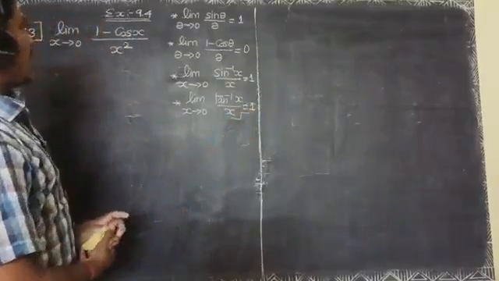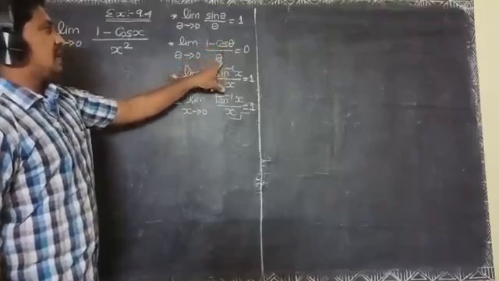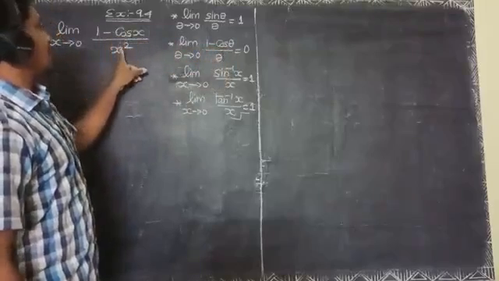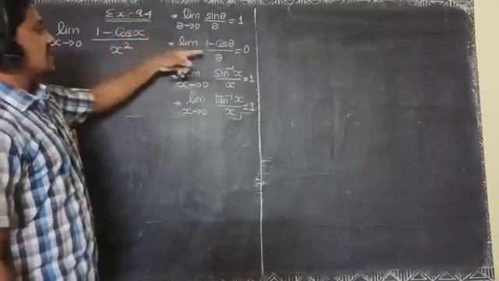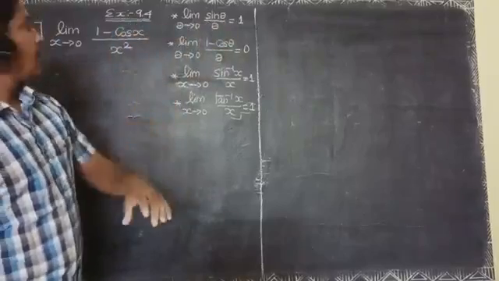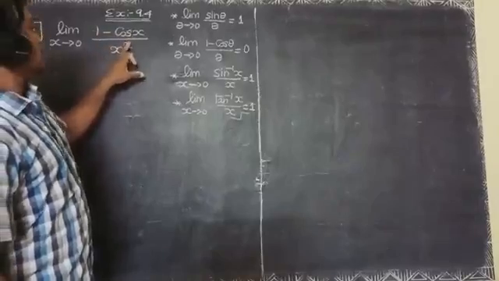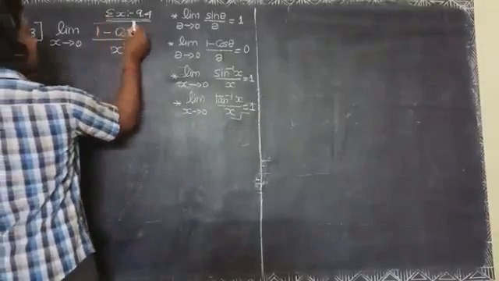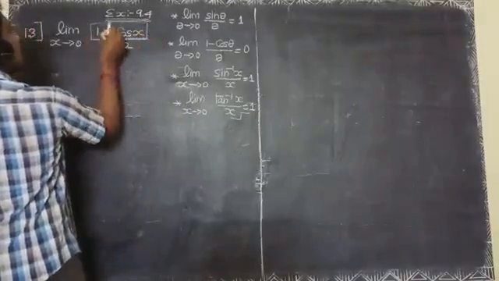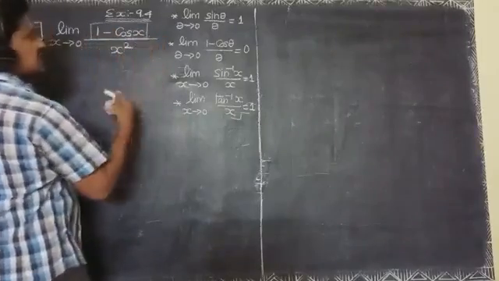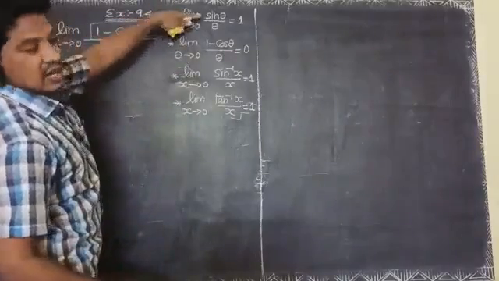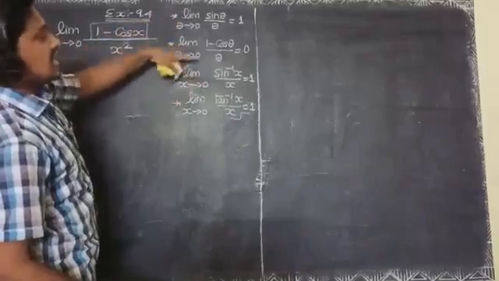Listen, 1 − cos theta divided by theta, that is 1 − cos x divided by x, gives the result 0. But 1 − cos x divided by x squared means, in the numerator using a trigonometry formula, we can change it into any one of these structures.